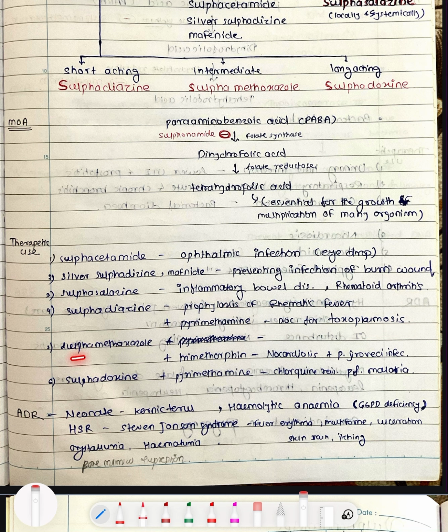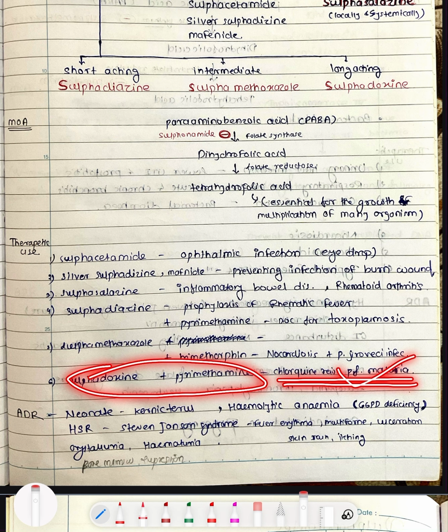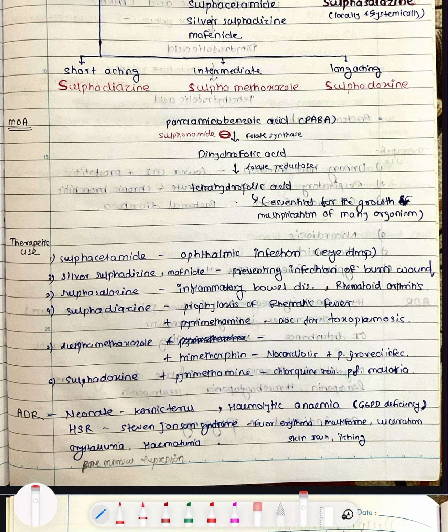Then sulfamethoxazole with trimethoprim is used for the treatment of nocardiosis and PCP infection. And sulfadoxine, again with pyrimethamine, is used against chloroquine resistant Plasmodium falciparum malaria. So these are the group of drugs used against various kinds of diseases. This is the therapeutic use of the sulfonamides.